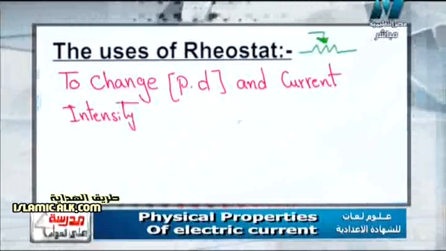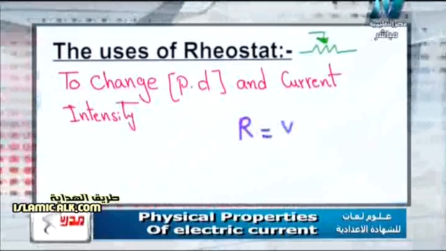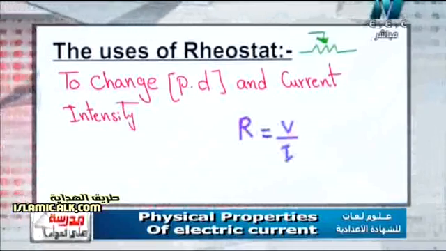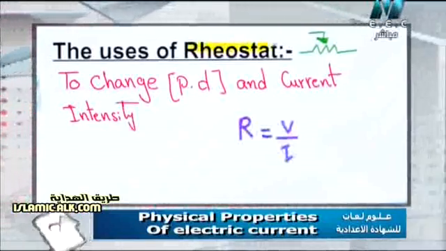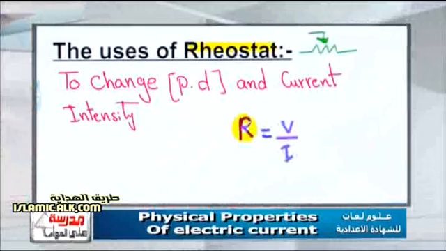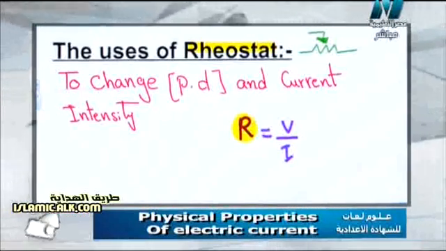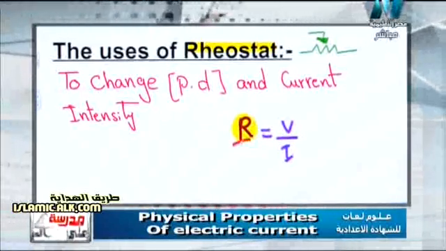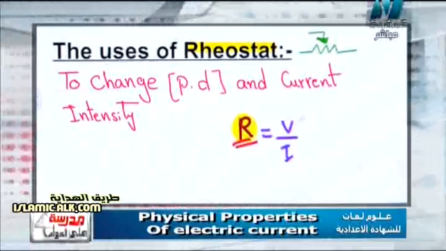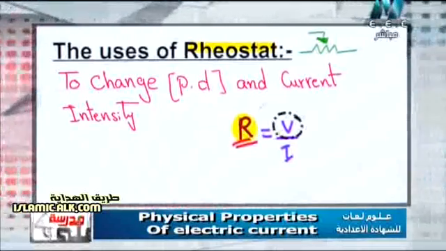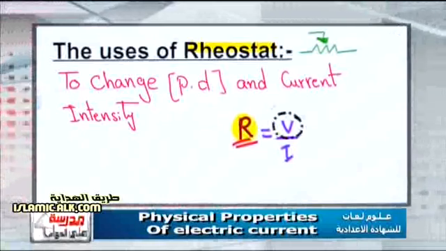R equals V over I. One student may ask me, is the rheostat R? Yes, but R is variable. So if we change R, we also change V, because V is directly proportional with electric resistance.